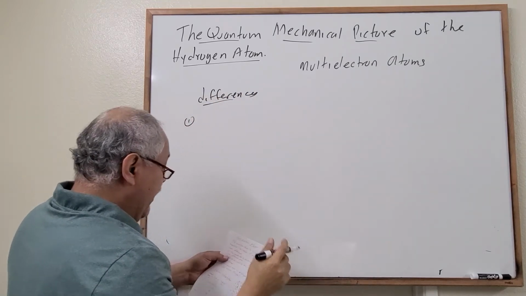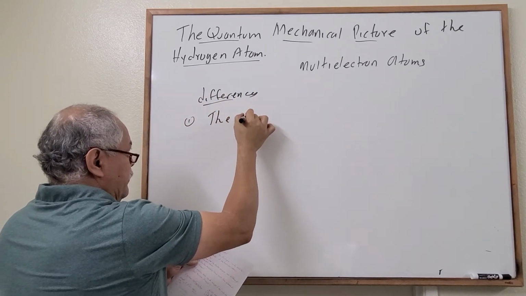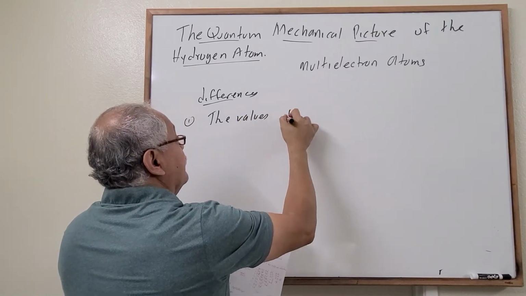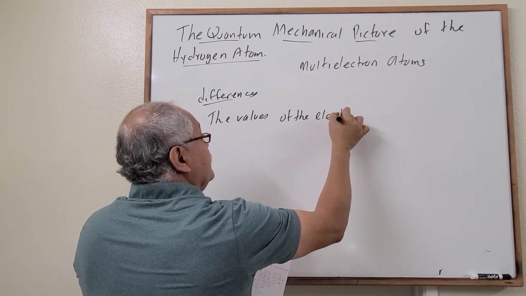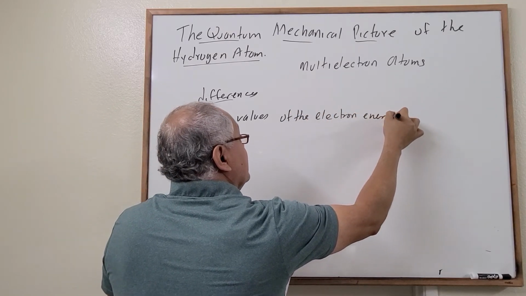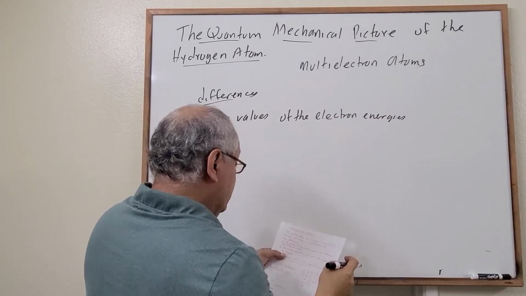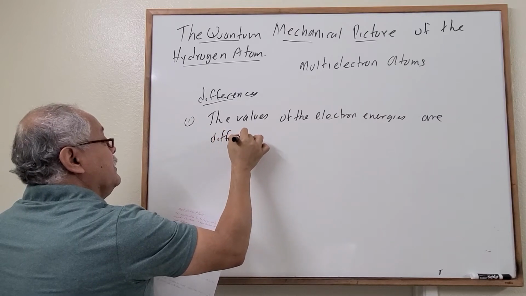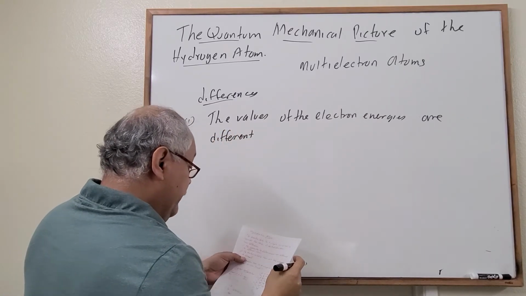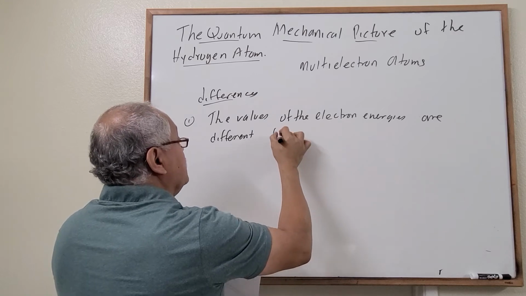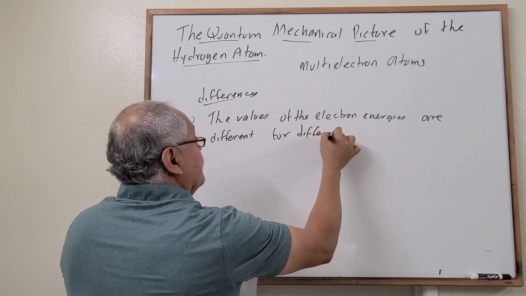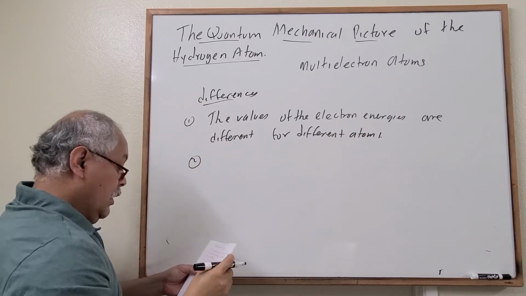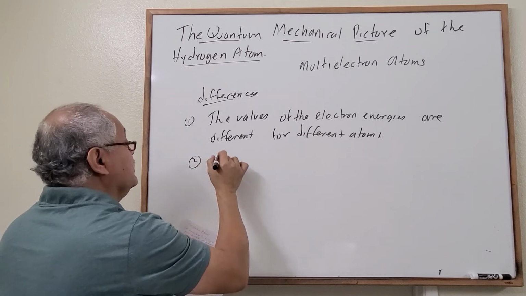One is that the values of the electron energies are different for different atoms. Two, the electron probability clouds.